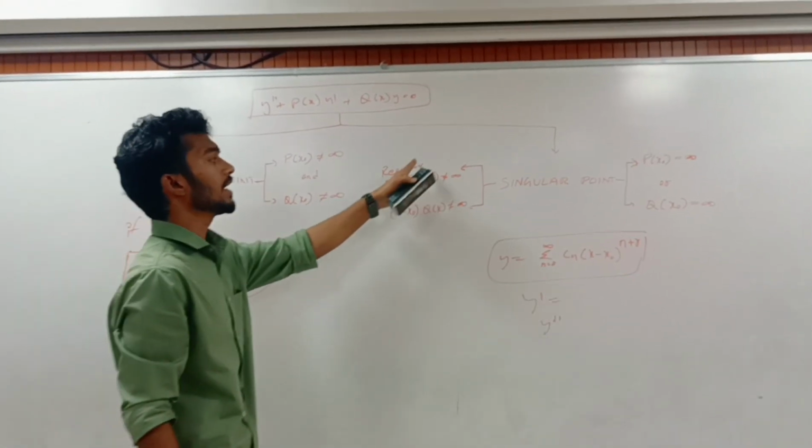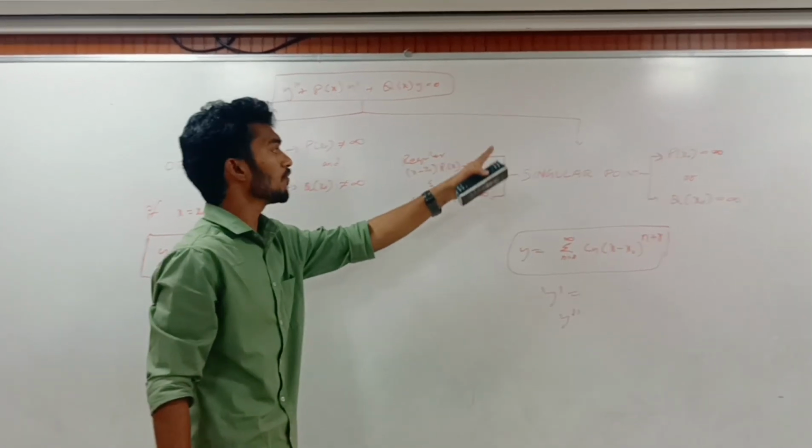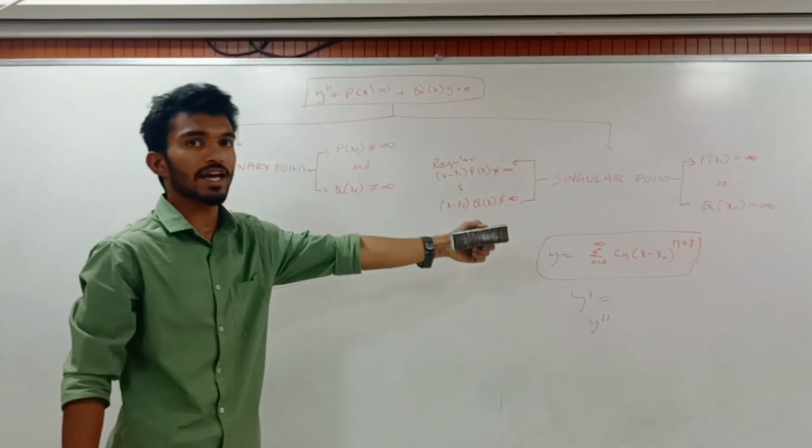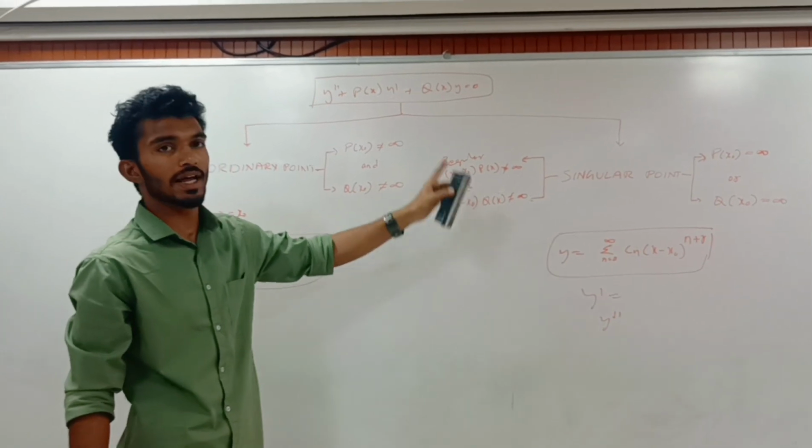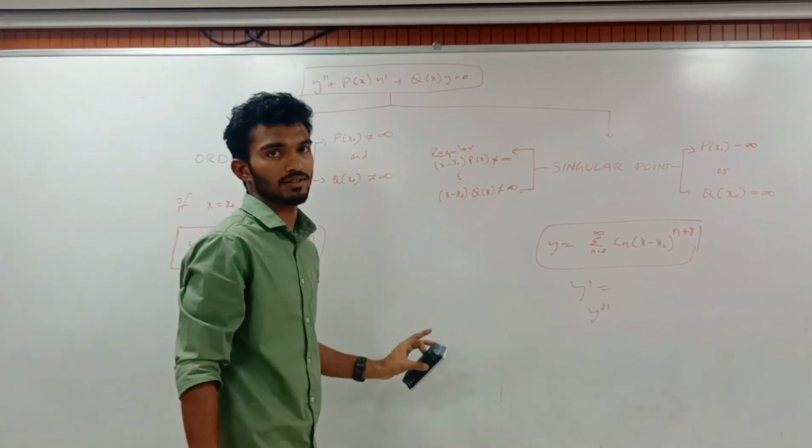Then the point is said to be a regular singular point. If one of these is infinite, then it is called an irregular singular point.